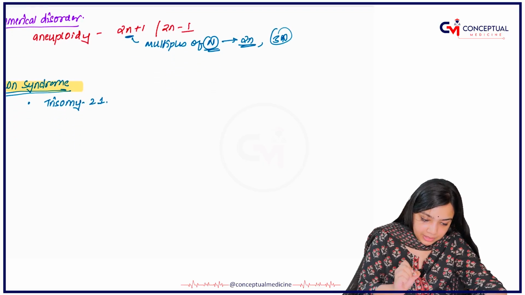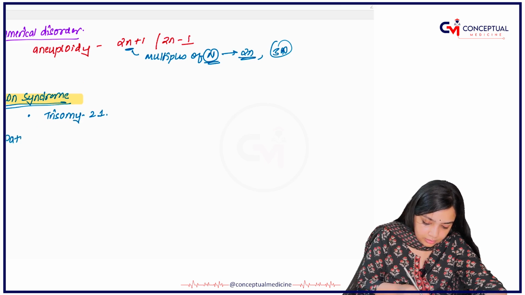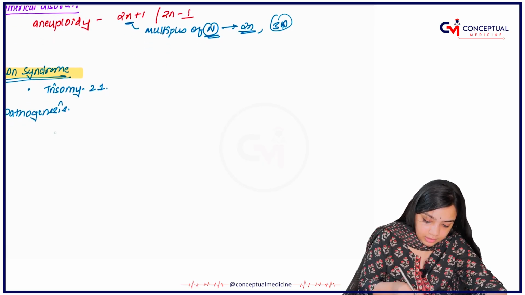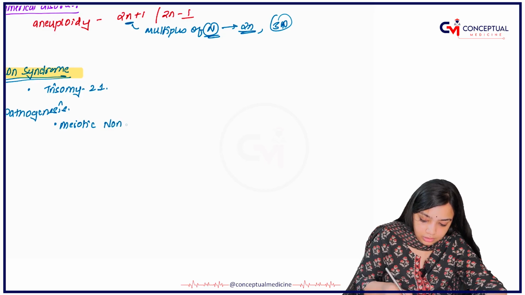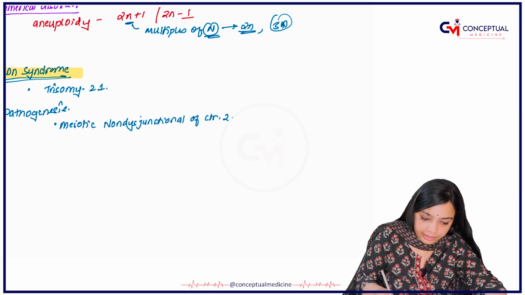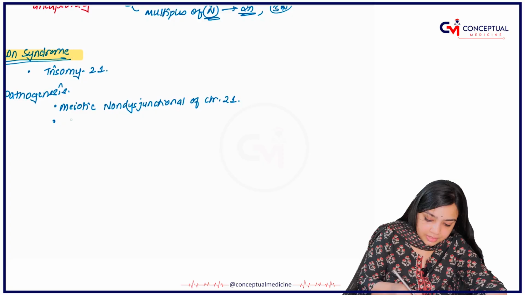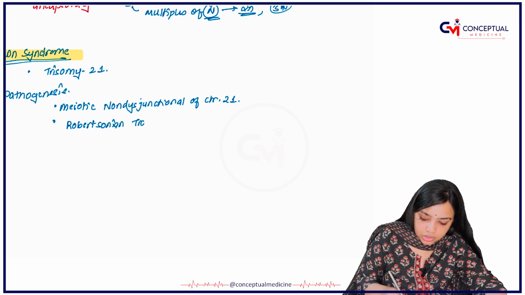Okay, in the pathogenesis, what happens here is a meiotic non-disjunction of chromosome 21, and it is associated with Robertsonian translocation.